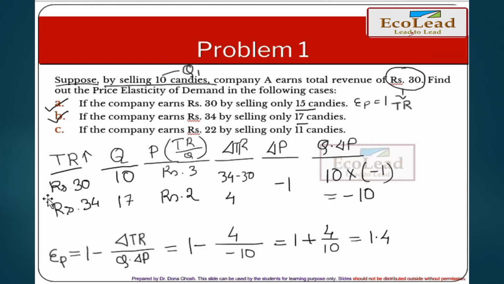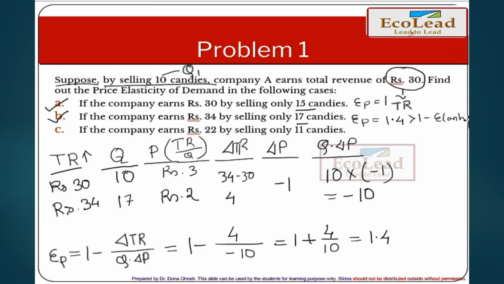In this case, the value of price elasticity is 1.4. Now we know that in the total expenditure method, if we find the value of price elasticity greater than 1, then we consider it elastic. So this is a case of elastic demand.